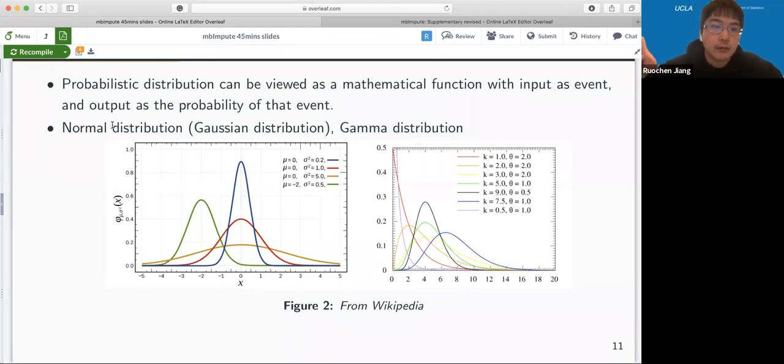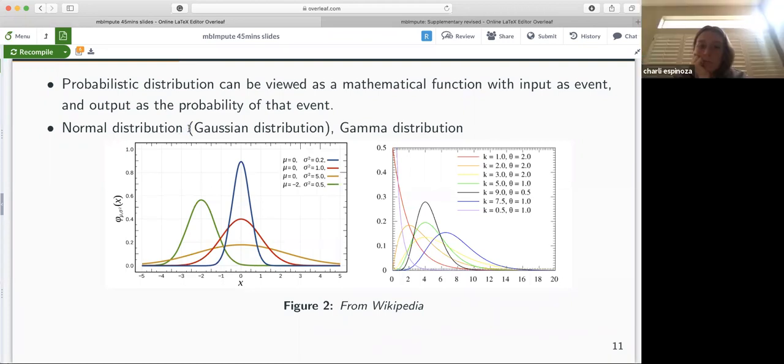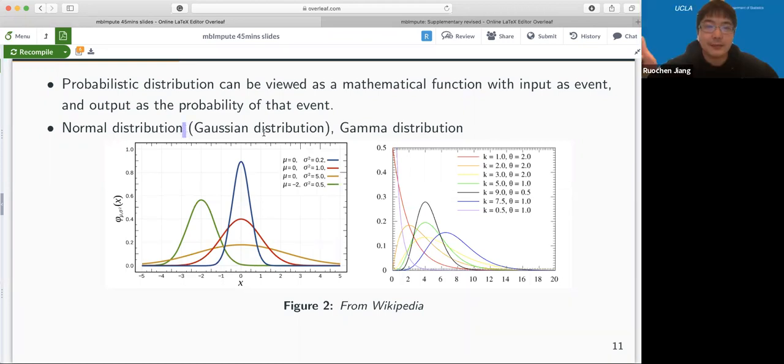For example, the normal distribution: are you familiar with the binomial distribution? Yeah, like the sum of independent coin throws. Yeah, if you throw a coin very many times and count the sum of heads, that will be the binomial distribution.